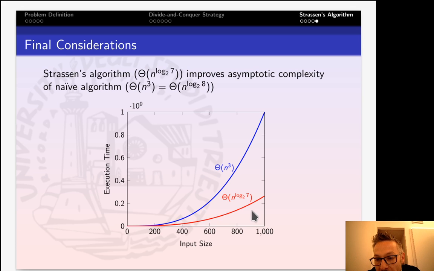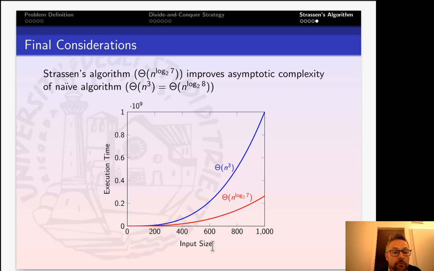However, we still have a really important increase in performance in terms of asymptotic complexity, with matrices not having really incredible sizes. Taking a matrix having say 600 rows and columns already makes a difference.